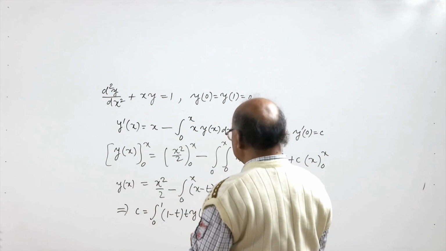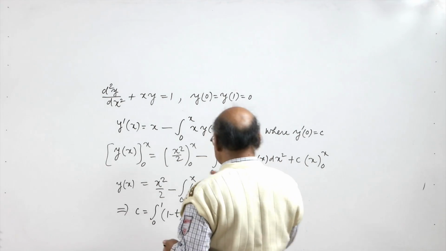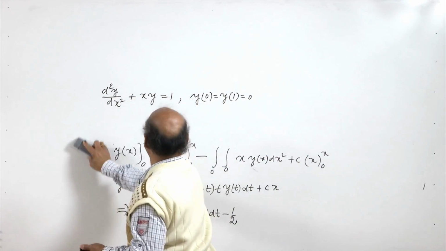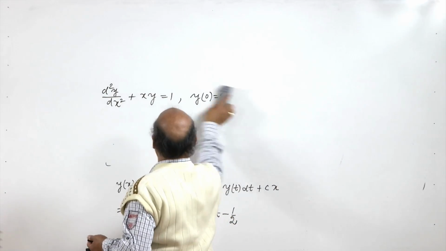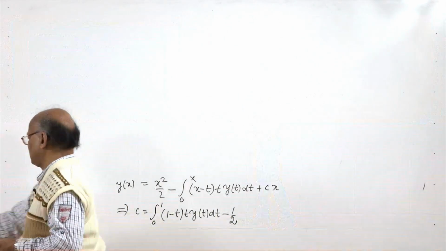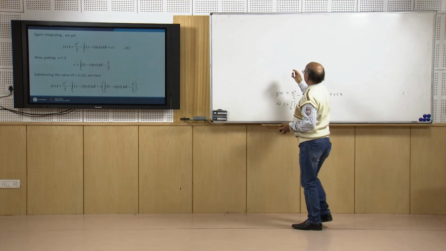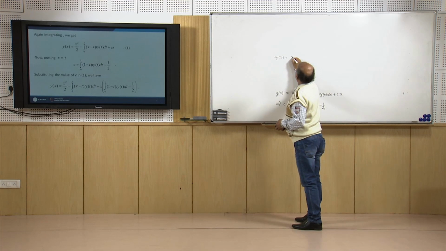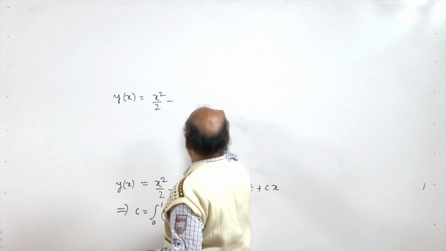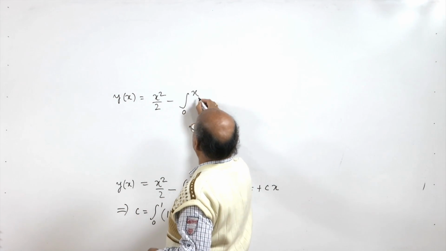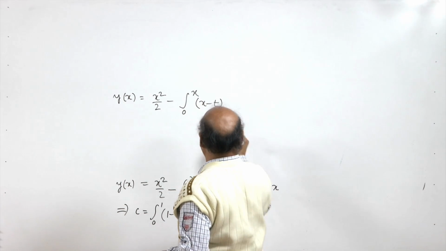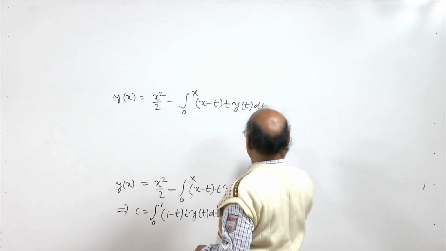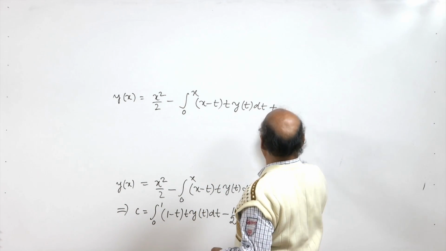Okay, so let us substitute this value of c in this equation, and what will we have then? So substituting the value of c, we have y x equal to x square by 2 minus integral 0 to x, x minus t into y t dt, plus c x.